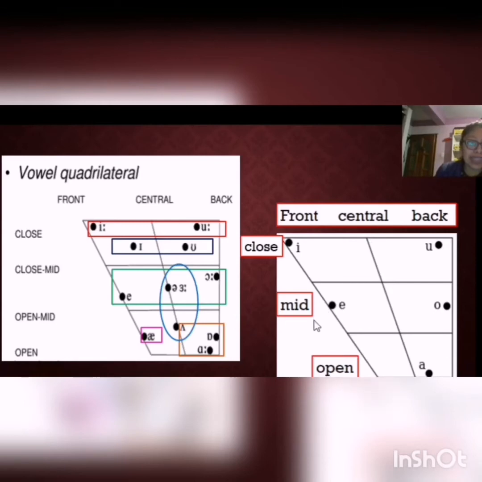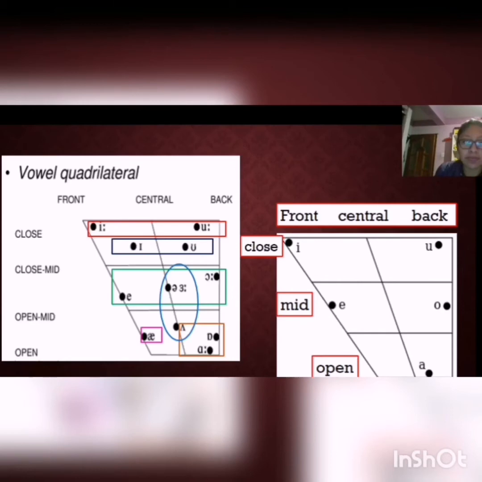Another difference is that in Spanish we just have the label mid because, as we said, we just have 5 vowels. And in English vowels, this mid is divided in 2 groups, that is closed mid and open mid, or half closed and half open.